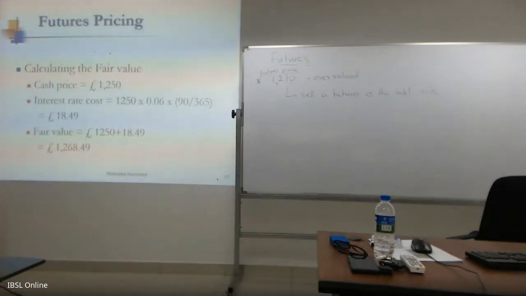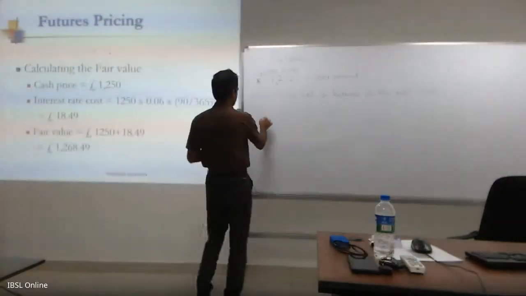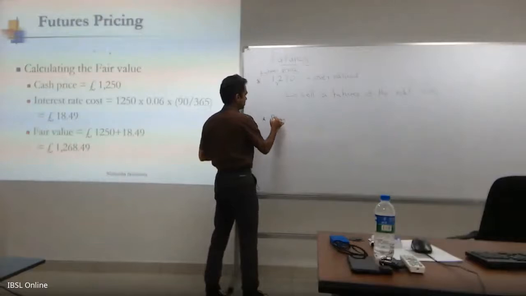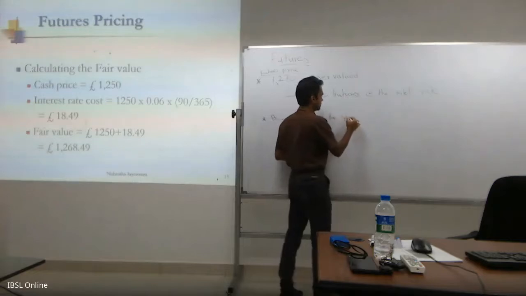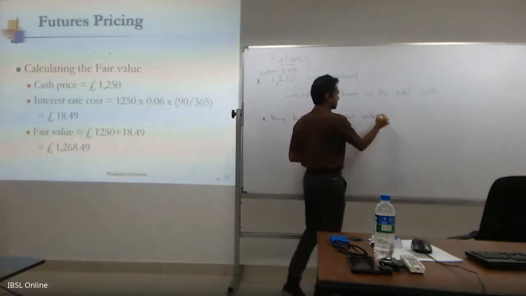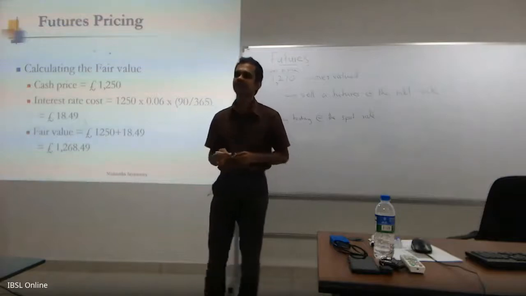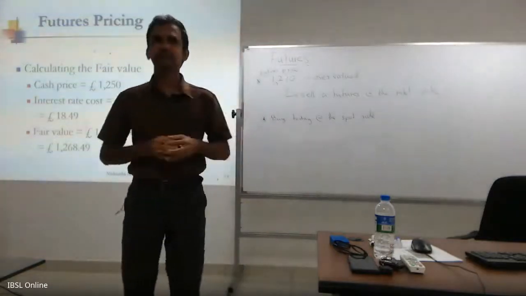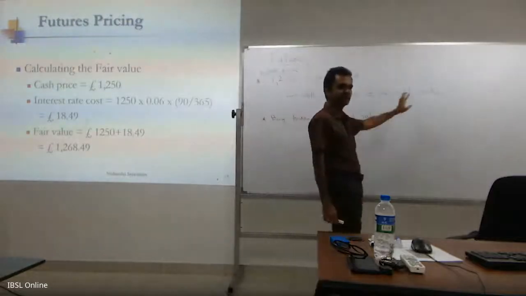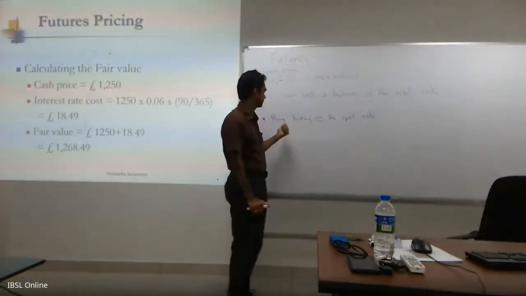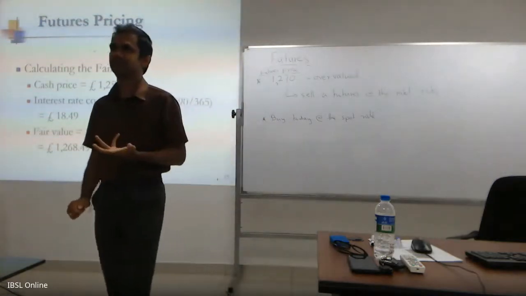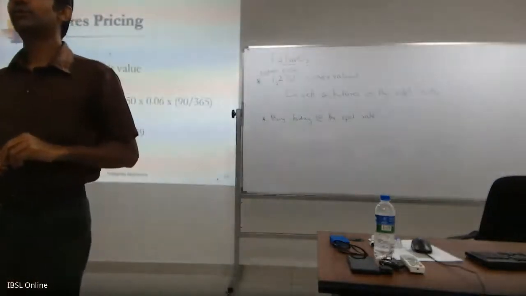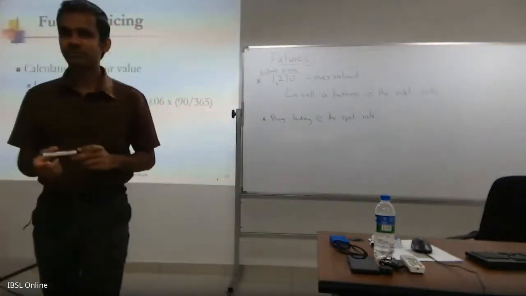Instead, buy today at the spot rate, then keep it for 90 days. How do you buy? From where do you find cash? To buy this, you borrow.